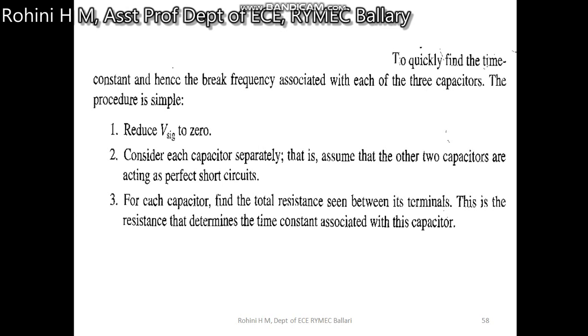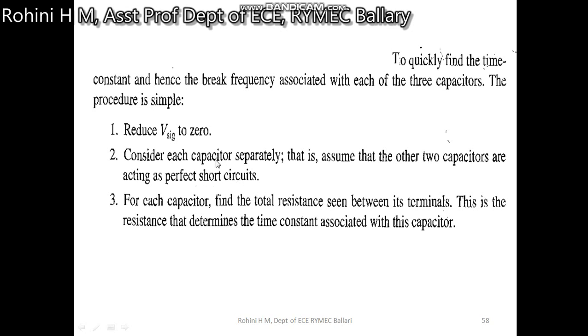So we are able to quickly find the time constants and hence the break frequencies, that is omega p1, omega p2 and omega p3, associated with each of the three capacitances. The procedure is simple. First step is to reduce V_signal to 0, that is, connect V_signal to ground. Consider each capacitance separately, assuming the other two capacitances act as perfect short circuits.